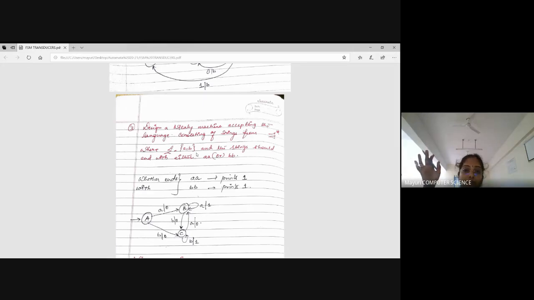I'll tell you, here we know that input alphabets are A and B. When your input alphabets are A and B, make sure your output alphabets are zeros and ones. But only when the input is AA or BB, anything of this, I can print one.